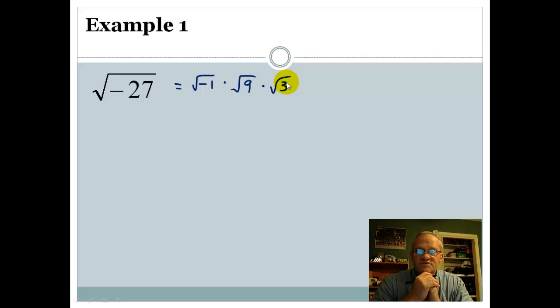So what I've done is split this up as far as I can, and then I say, what's the square root of negative 1? That's I. Square root of 9 is 3, and then the square root of 3, I can't do anything with that, so I just have to leave that. So when all's said and done, my answer would be 3I square root of 3.